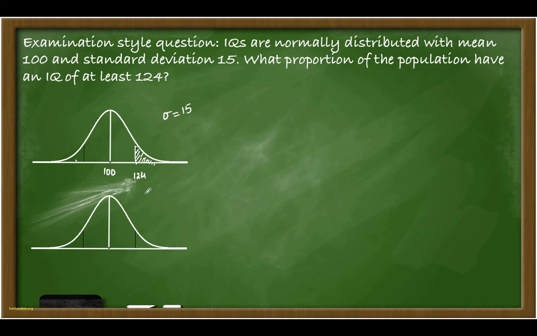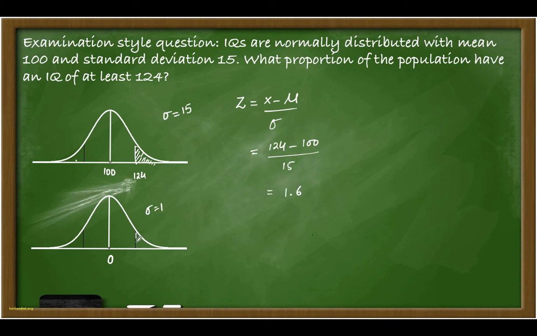So if you transform this into standard normal distribution, where mean is 0 and standard deviation is 1, we have to transform this variable x that is normally distributed to standard normal variable z. So we will use the formula of transformation, that is z equals x minus mean divided by standard deviation. The value of x is 124, minus mean 100, and if you divide that by standard deviation, that is 15, you get 1.6.